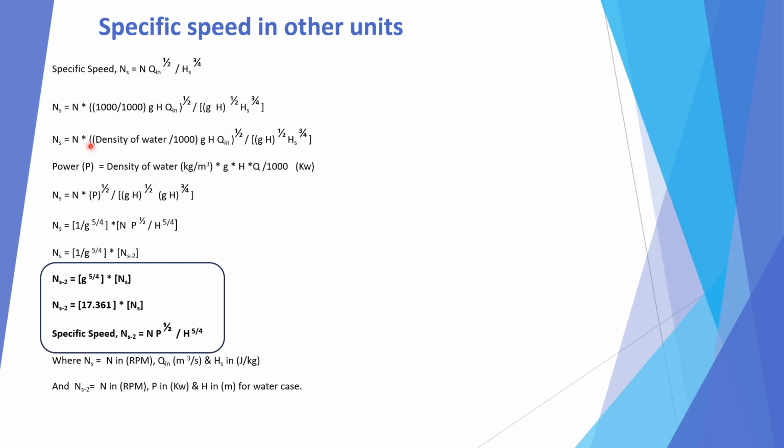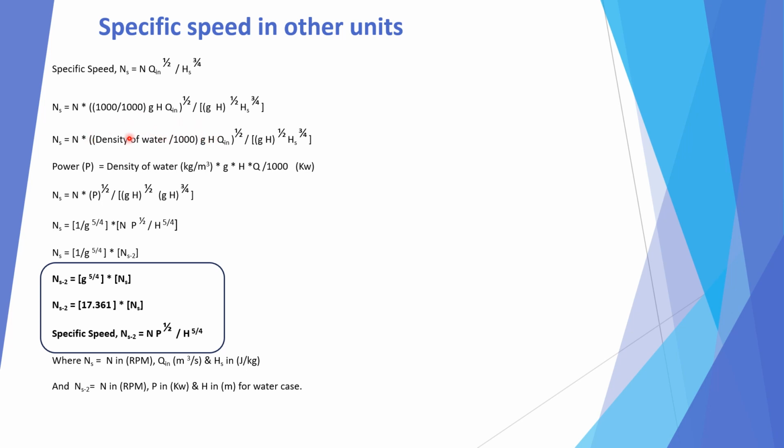Now there is another way through which we can also express it. Again, the general equation for specific speed is Ns is equal to N into Q to the power half upon Hs to the power 3 by 4, and we can write Ns is equal to N into (1000 divided by 1000 into g into H into Q) to the power half.